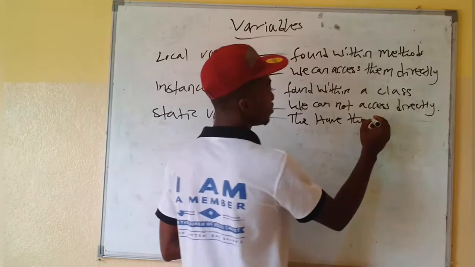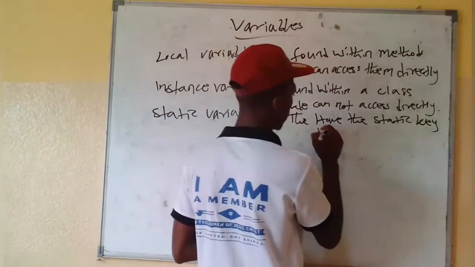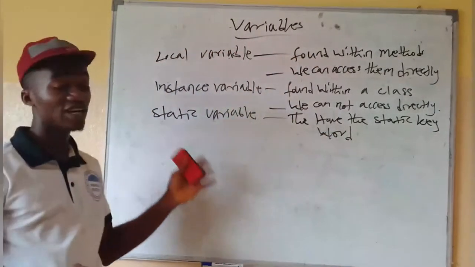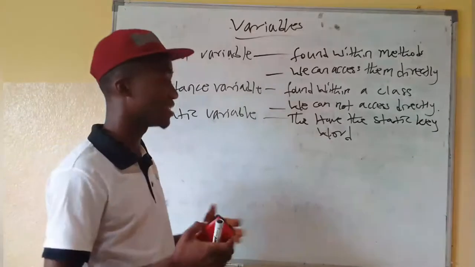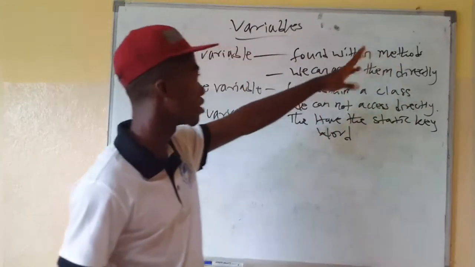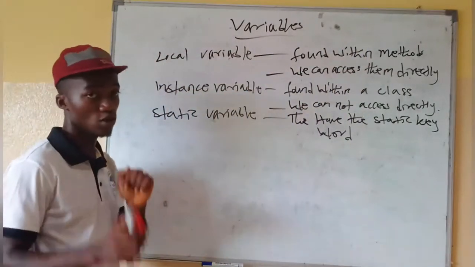Alright? Good. So we can have access to them directly as well. And they are found within either the method or the class. But you have to look for this static keyword. Alright? Hope you understand it.